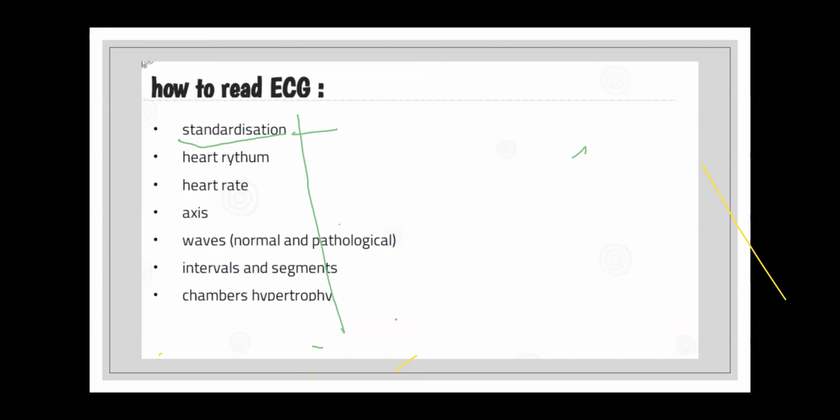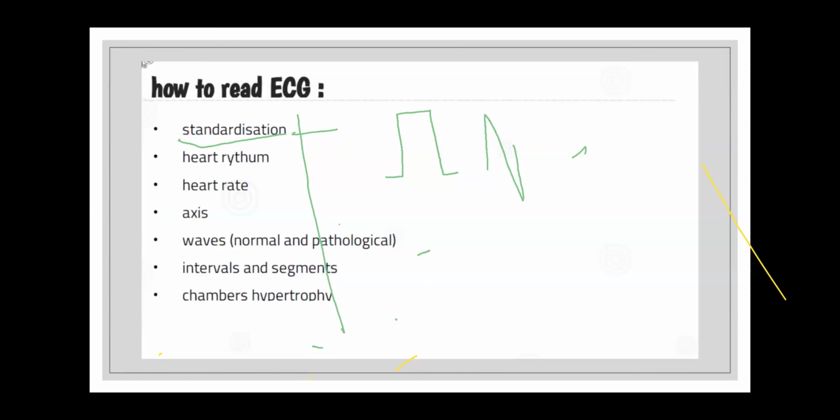Please remember, the standard calibration should consist of 10 boxes in a vertical direction, and in the horizontal direction it should comprise 5 boxes. If this calibration is normal, then you would have normal size QRS complexes.